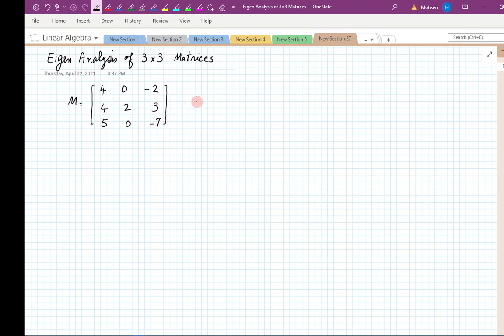So our objective is to find eigenvalues and eigenvectors. Once we find these two, we want to check to make sure our algebra is correct, and perhaps say a few words about the eigenspaces.